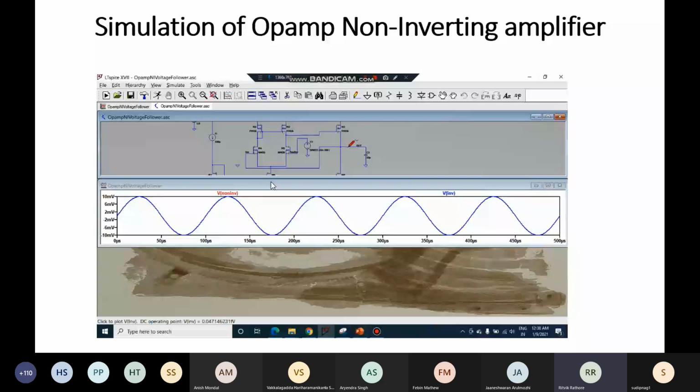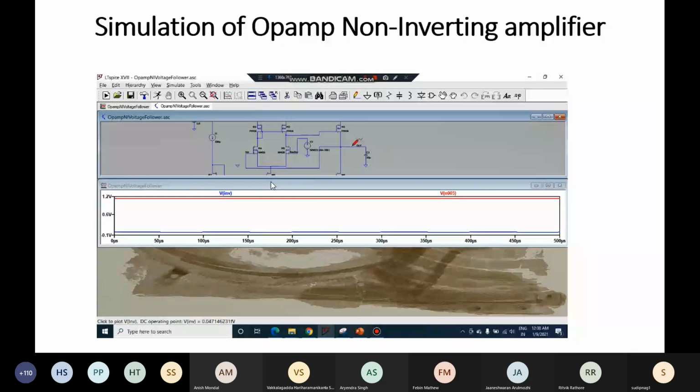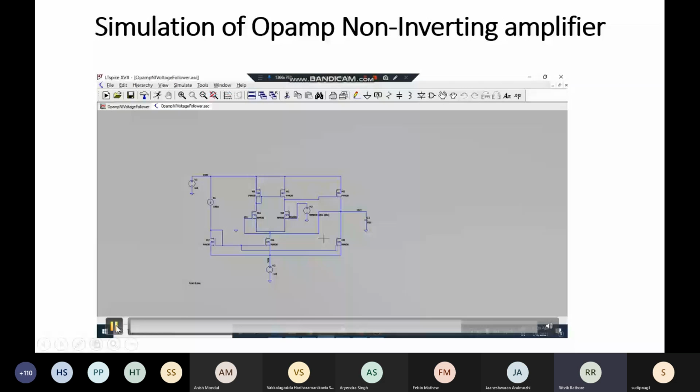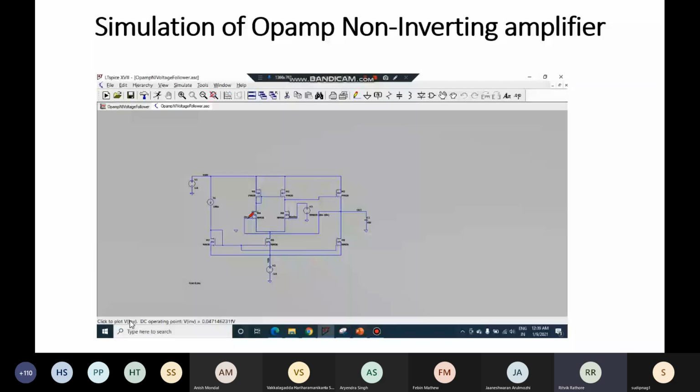Both are exactly overlapping each other, which is expected. So this is the implementation of the voltage follower.